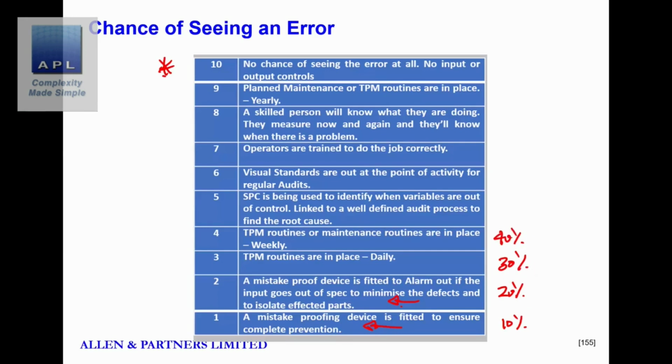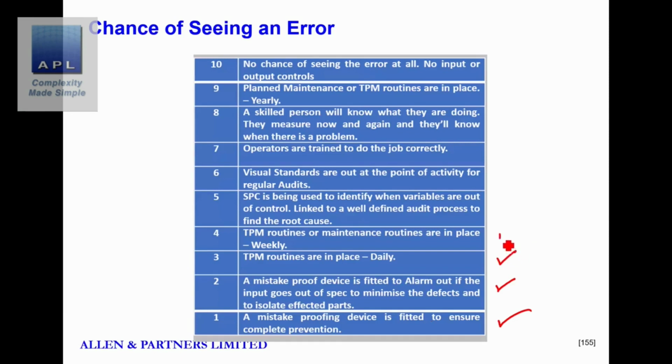But if you say, I have a mistake proofing device fitted, you can easily say, oh, I can therefore score it a 1. I have a mistake proofing device fitted, but it's an alarm type. So I'm halfway into making the mistake, then I get an alarm. That would be level 2. I have daily TPM routines, weekly TPM routines, SPC.